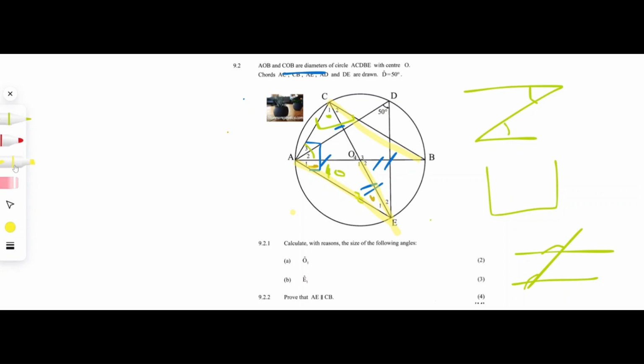I want to see if there's a diagonal line between those two lines, to see if we can identify any angles in that alternating position. Now, we could prove that C2 equals E1, or we could prove that B equals A1. But the only problem is that B isn't really directly connected to another angle, so it might be a lot more complex and difficult.